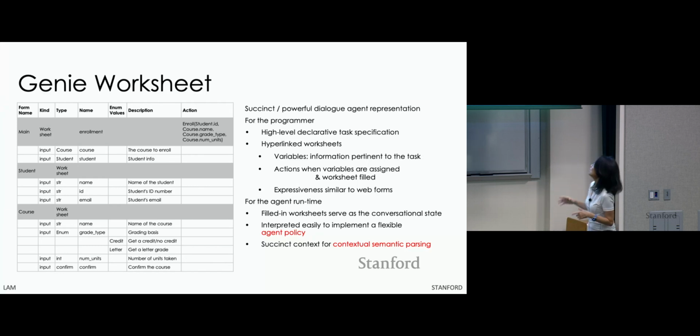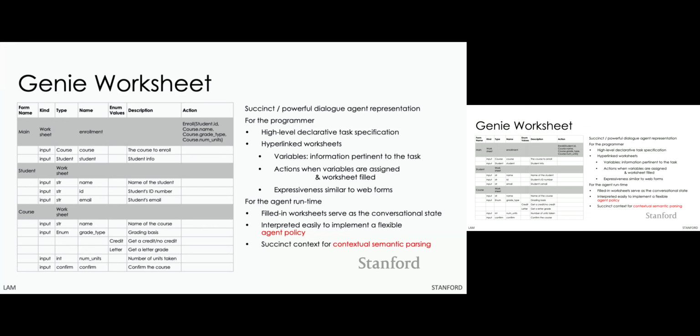Okay? What is the information? I'm showing you one sheet, but they are actually linked. One sheet may require another sheet. It's kind of like when you go on a website, you open a page, and then it takes you to another page, and so forth. So the information has to be linked.